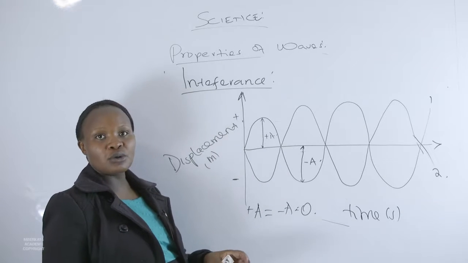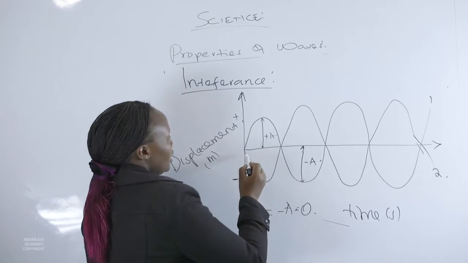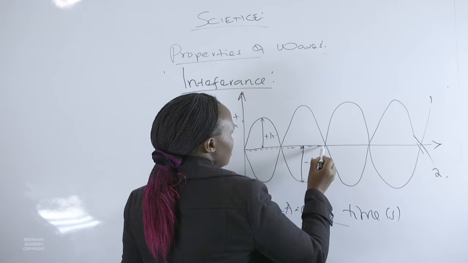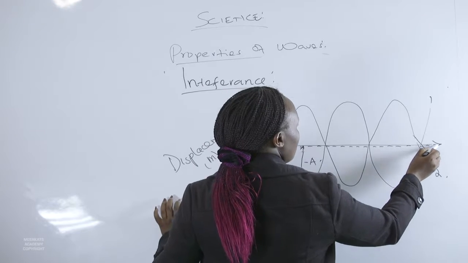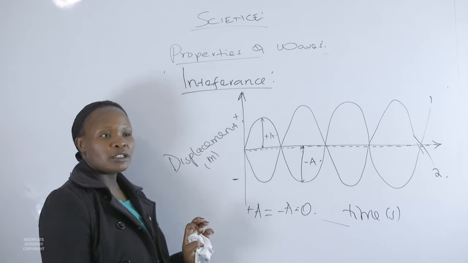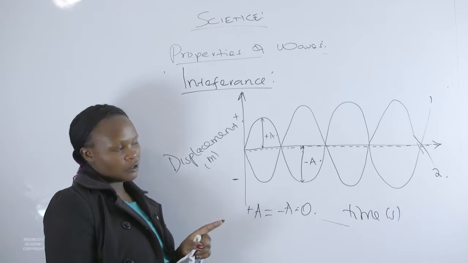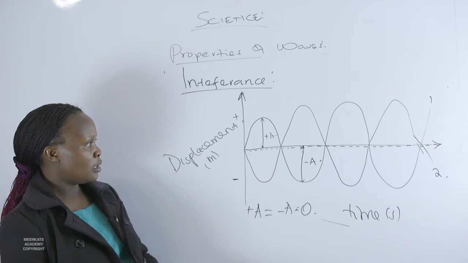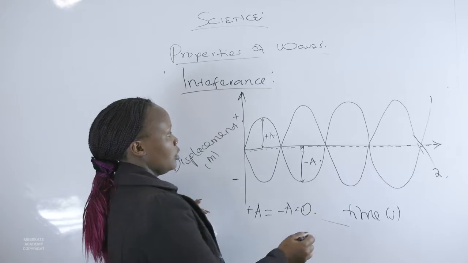Therefore, what we are going to have is what we call the stationary wave. The resultant of the interference of the two is what we call the stationary wave.